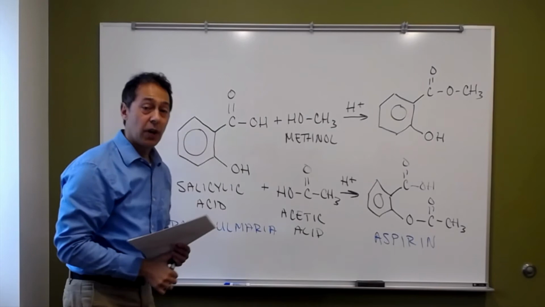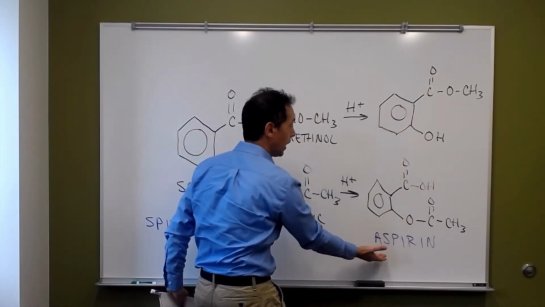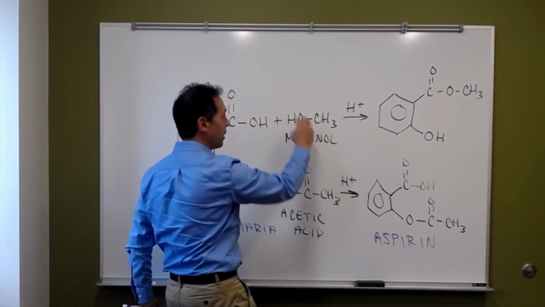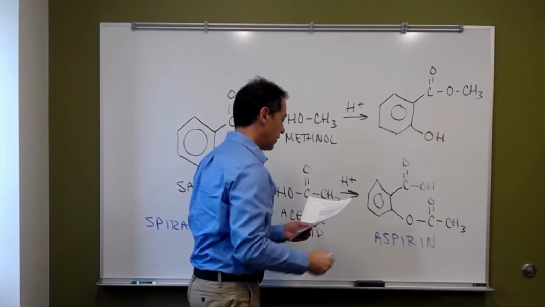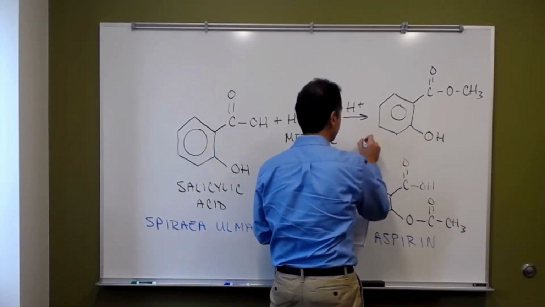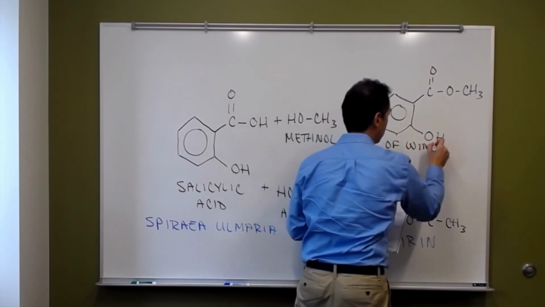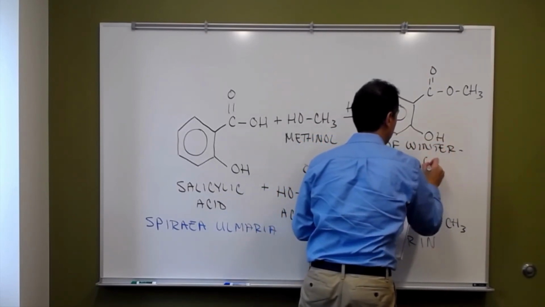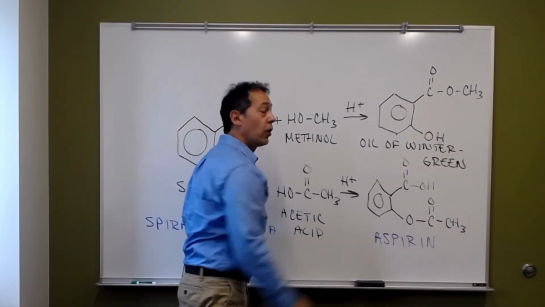And this molecule here now looks very similar to aspirin, okay, except what we've done here is we've combined up here instead of down here, all right, and this has a fancy name here. This is called oil of wintergreen. We create oil of wintergreen.